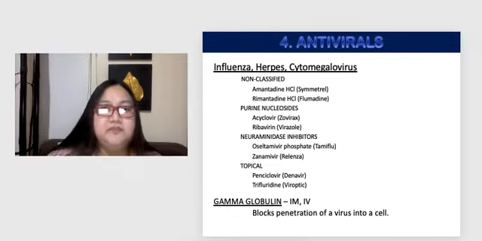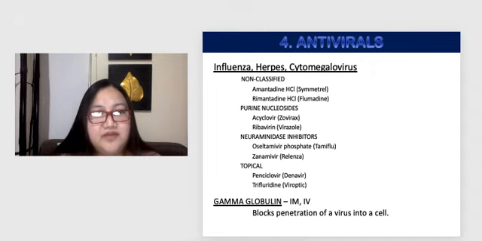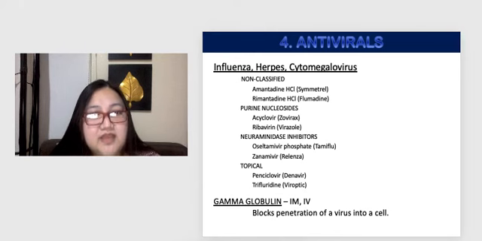Right? For influenza virus, herpes virus, and cytomegalovirus, may mga non-classified antivirals, amantadine, rimantadine, may purine nucleosides, acyclovir, ribavirin. So, may oral niyan, no? May ointment din.